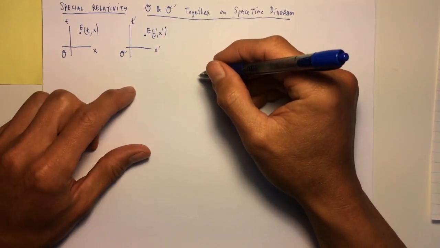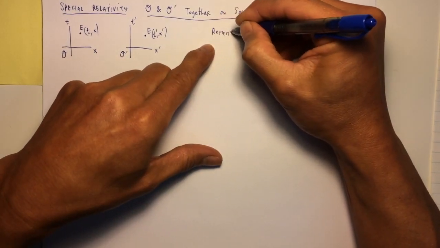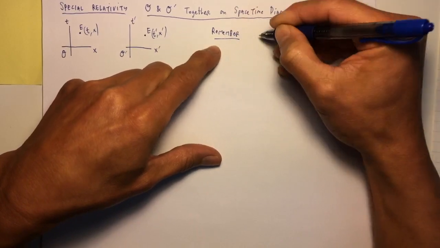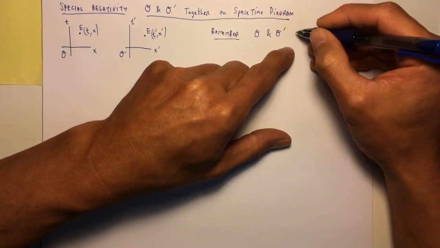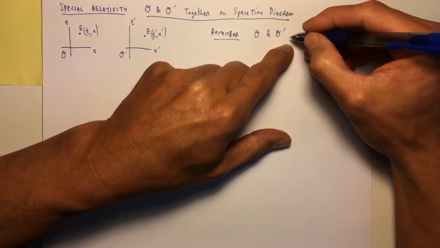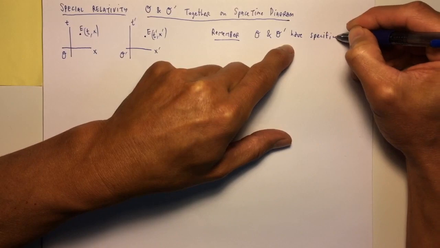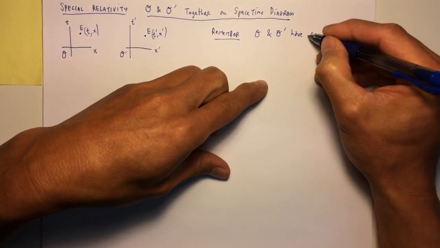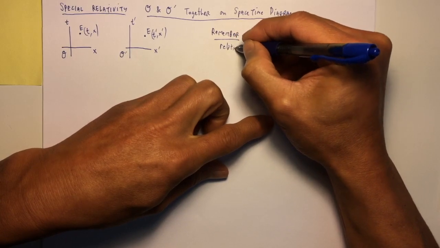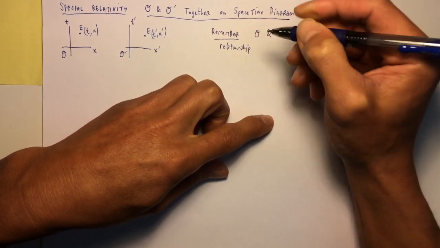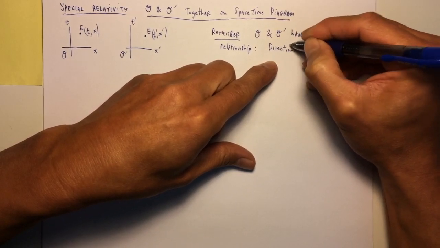the way I'm going to do this is to remind you, so remember O and O prime, we're going to use this specific relationship, have a specific relationship, that is, their directions are common.